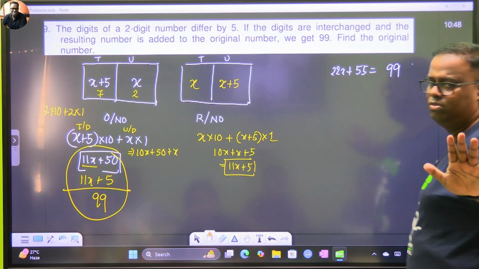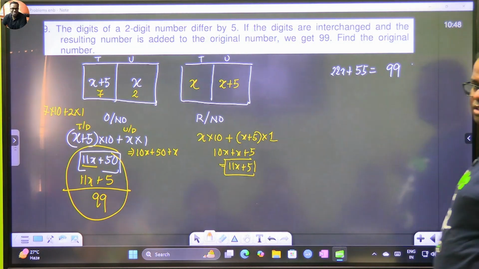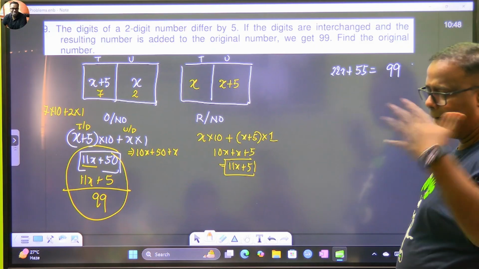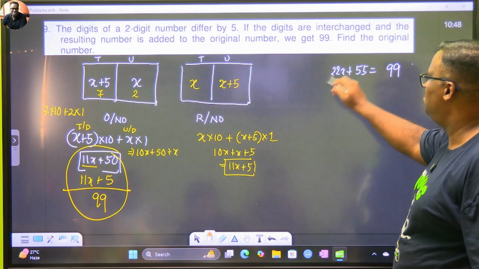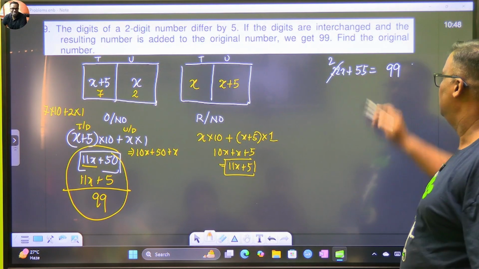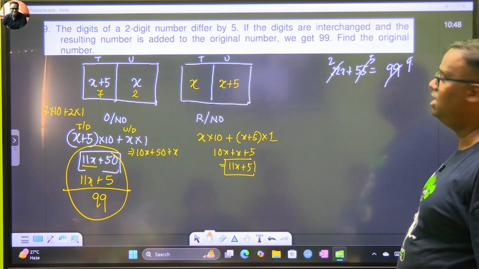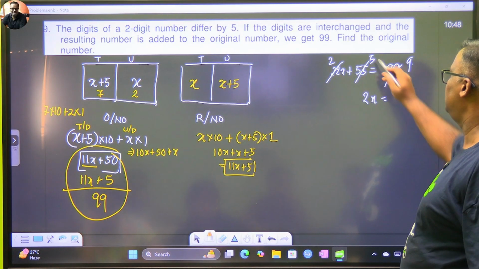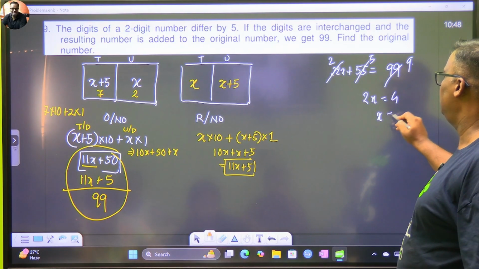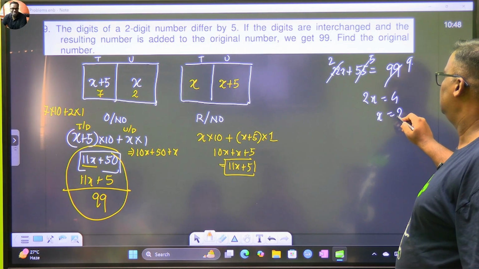Now see how to solve this equation. Don't solve it the long way. Everything is a multiple of 11. 11 2's are 22. 11 5's are 55. 11 9's are 99. That means 2x is equal to 9 minus 5, which is 4. So x value is equal to 2.